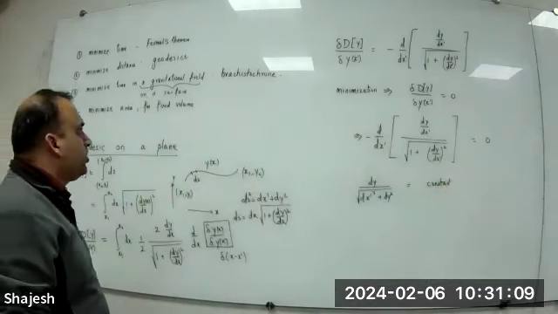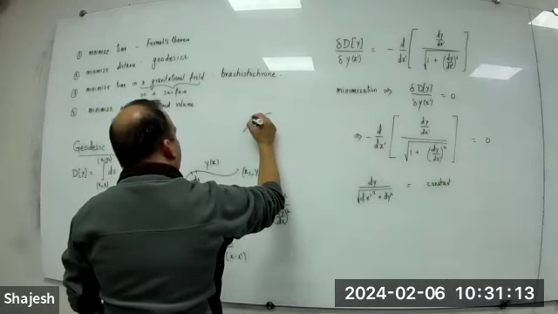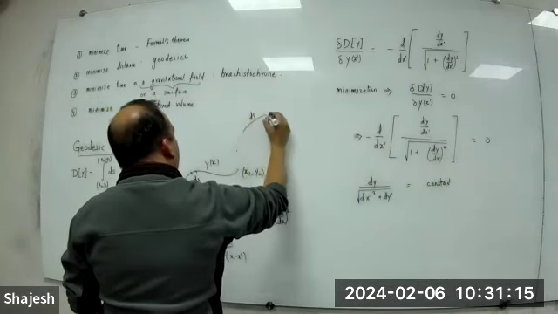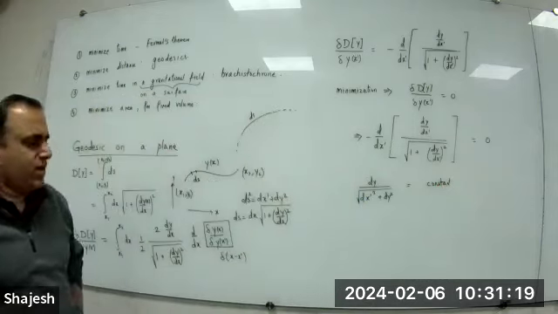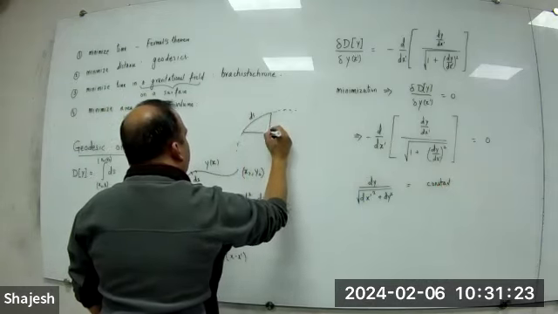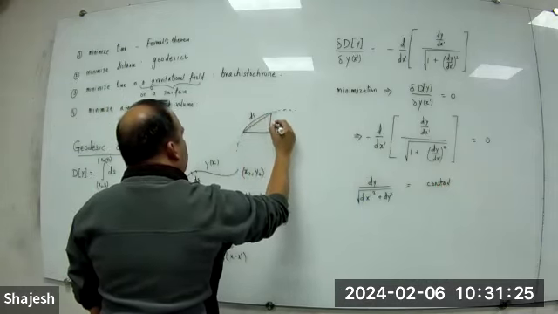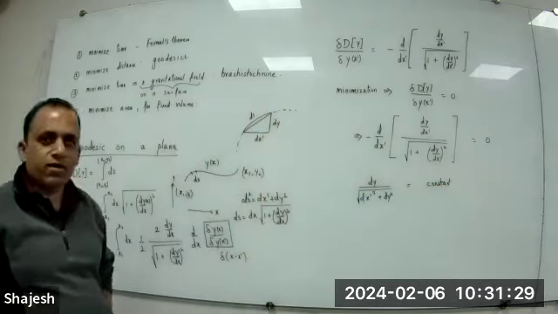If I have a function like this, that was ds. That's my functional form, that's my ds. I can make a triangle out of it. That's a straight line. This is dy, that's in this case dx prime.